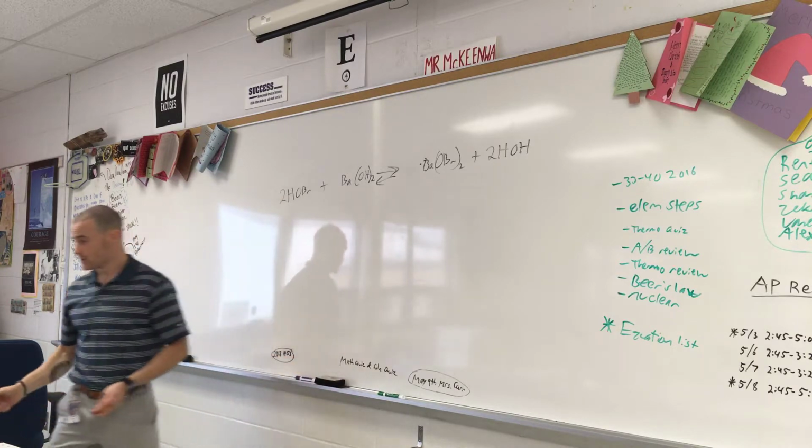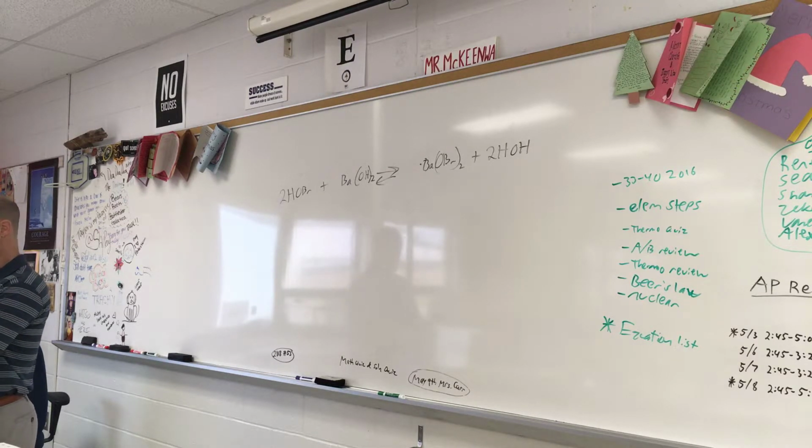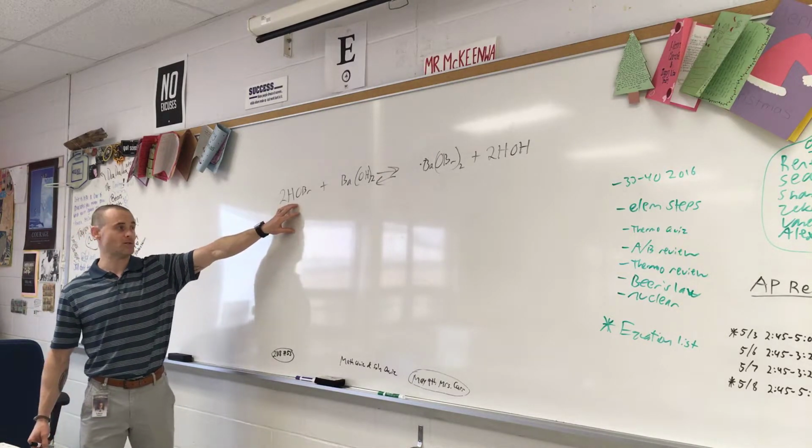So, alright. So now what are we doing here? How many moles of the acid do we have? Let's figure that out first. See, they're doing it all in one step here. So basically what we need to figure out is how many moles of this we have, right?